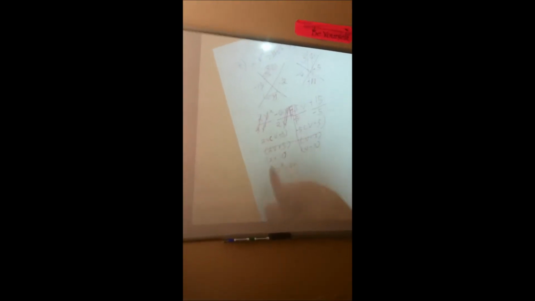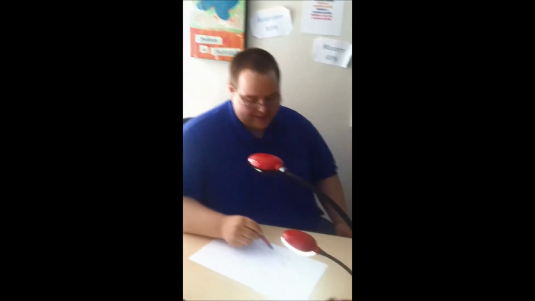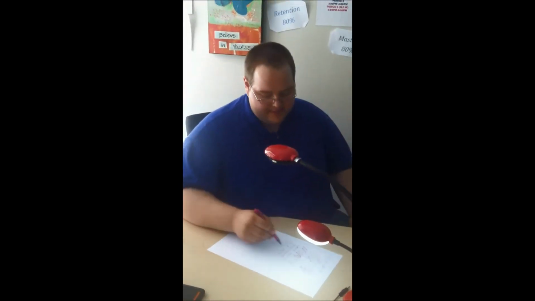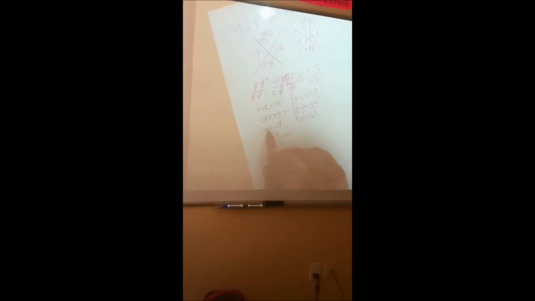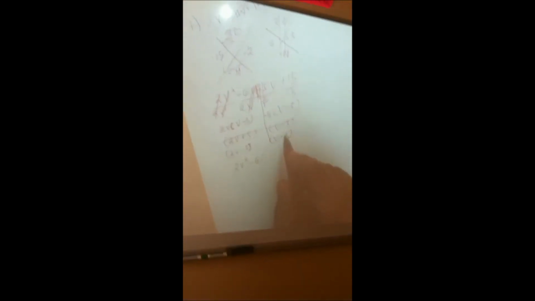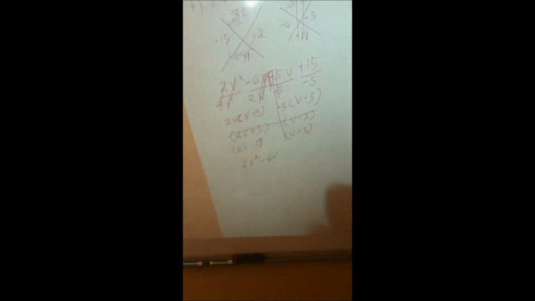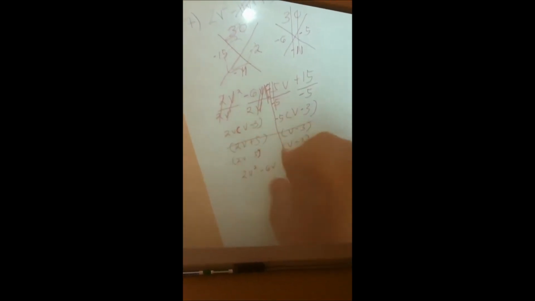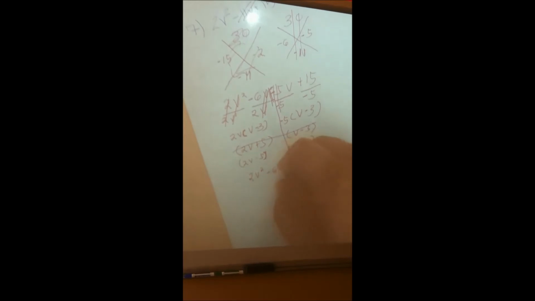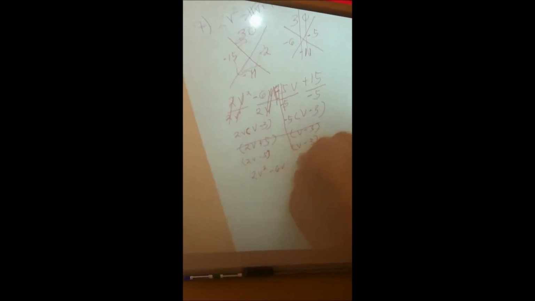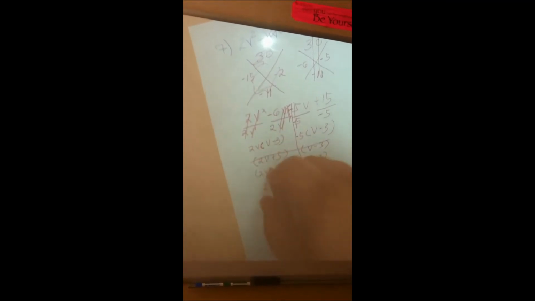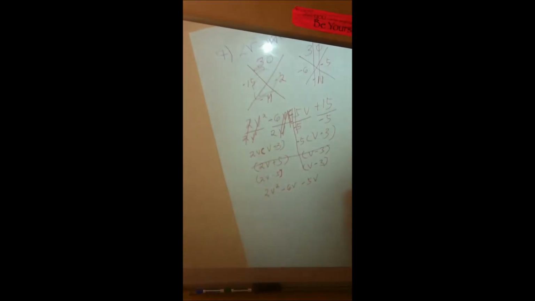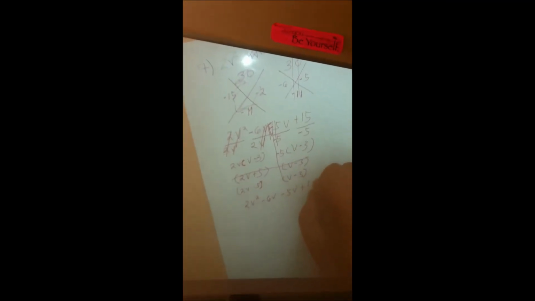Okay, so anyway, getting back to the problem we were foiling, 2v times v is going to be 2v to the second, and then 2v times negative 3 is going to be -6v. And then we're going to foil this again. Negative 5 times v is going to be minus 5v, and then negative 5 times negative 3 is going to be plus 15.